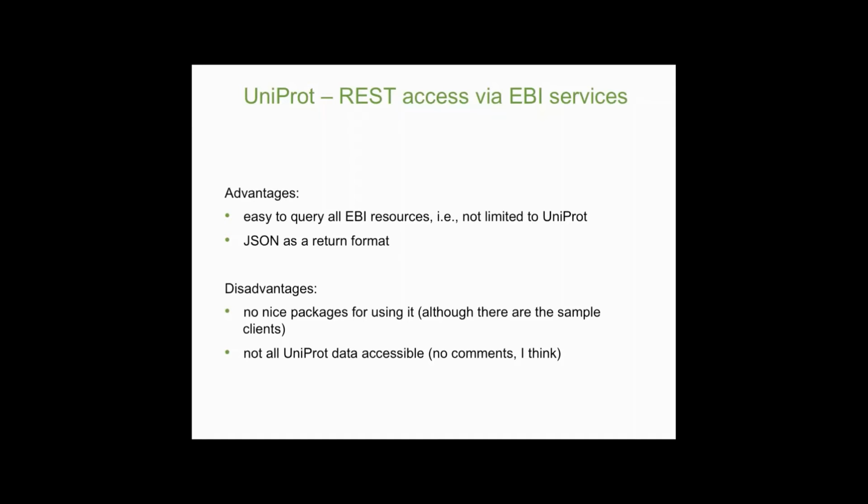Disadvantages? As far as I know, there are no such nice packages like the bioservices one for using it, at least currently. There are sample clients provided though, and not all the UniProt data are accessible. The comment section as such is not indexed right now, and I think it's mostly about cross-references, taxonomy, and the like that you can download.